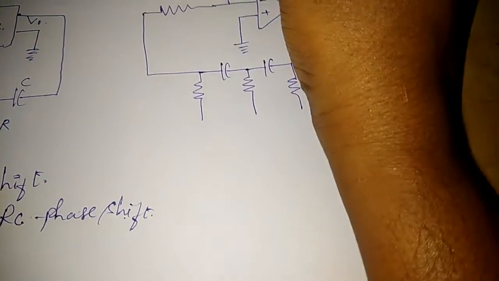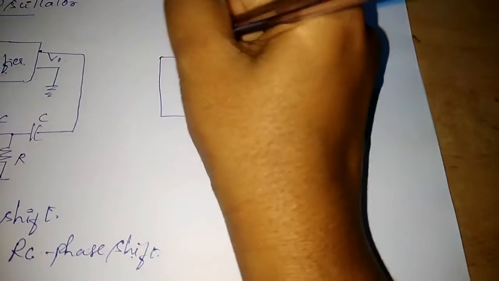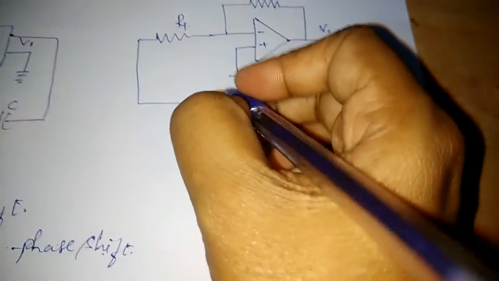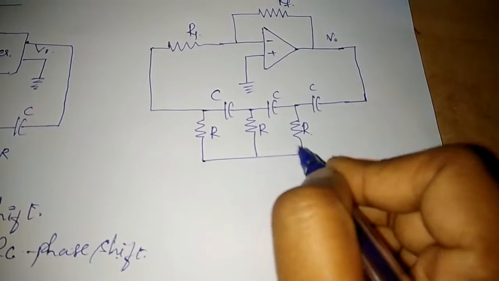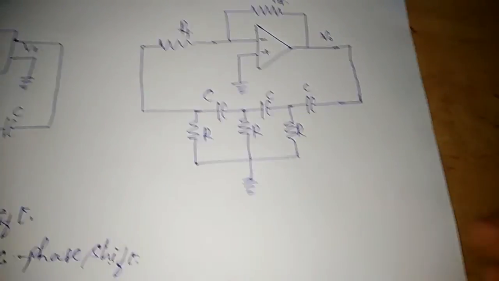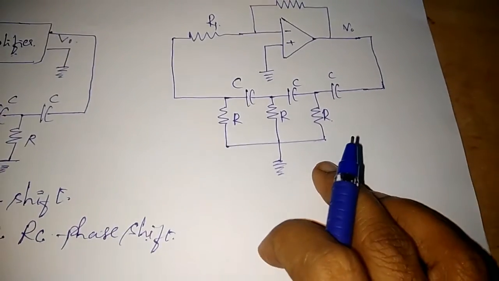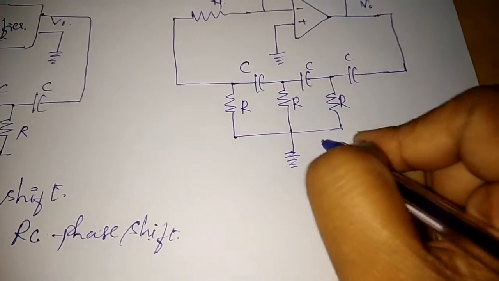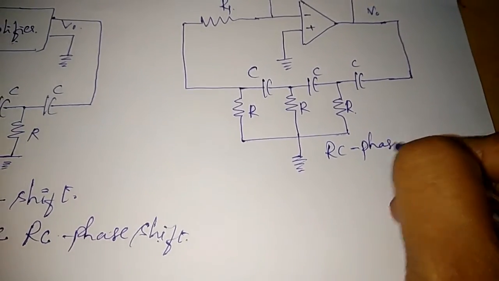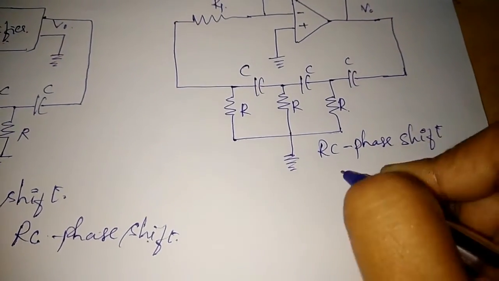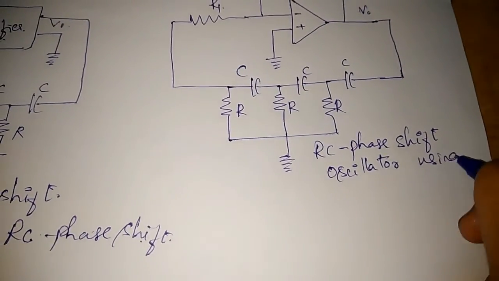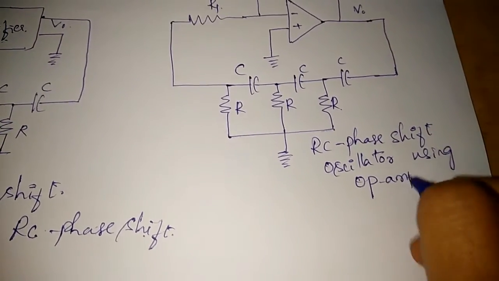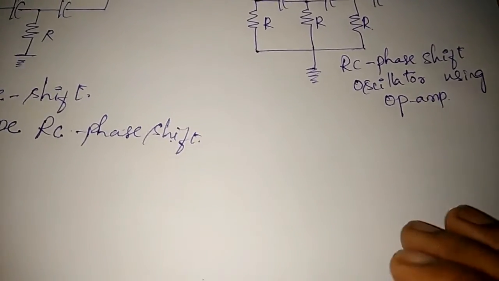This is V0, this is the feedback resistance, this is the R1 resistance, the input resistance. So these are the 3 RC networks you have, which is nothing but the feedback network. Okay, so this is how an RC phase shift oscillator using an op-amp looks like. The same we can draw using a transistor also.